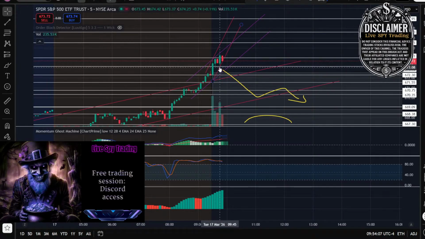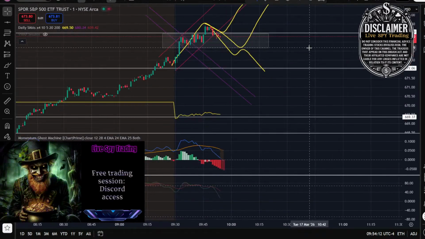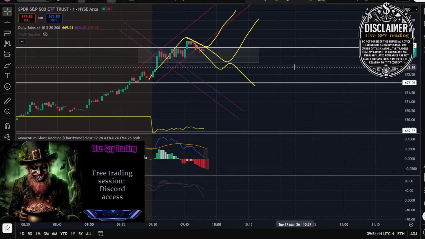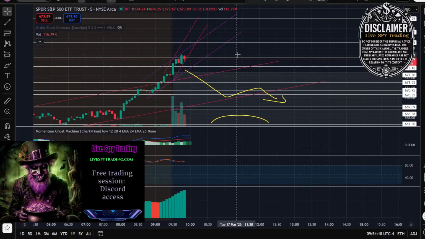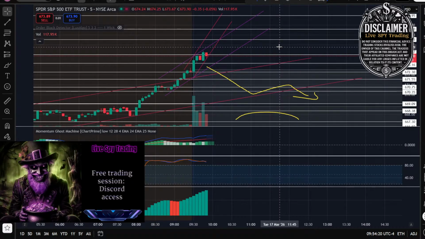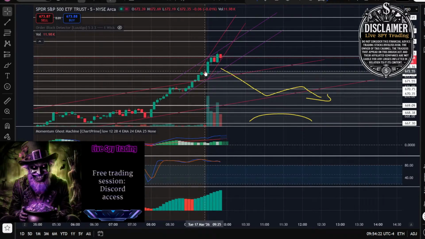Now Discord, we should be using this 5-minute chart. On the 5-minute chart, we're still in magenta, and ideally we want to see if we break purple.